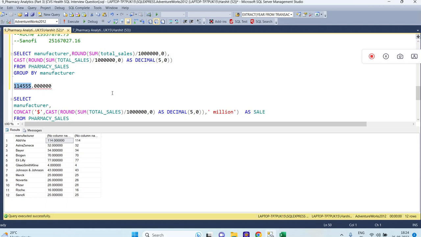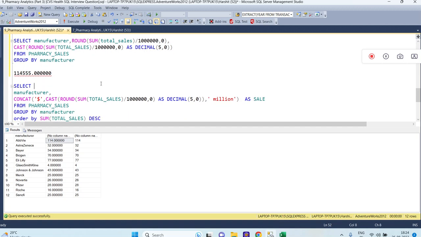If we use 4 comma 0, it will allow only four digits before the decimal, otherwise it will truncate. Got it. Thank you.